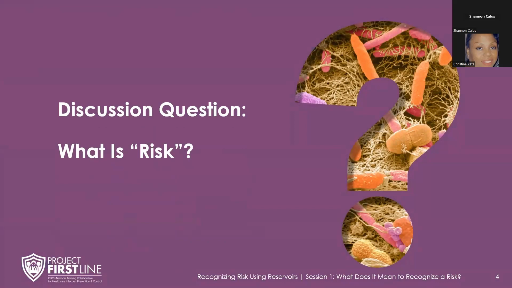And how did you know it was a risk? Had you seen it happen before? Or was it something you were taught? Feel free to jot down your thoughts in your participant booklet.